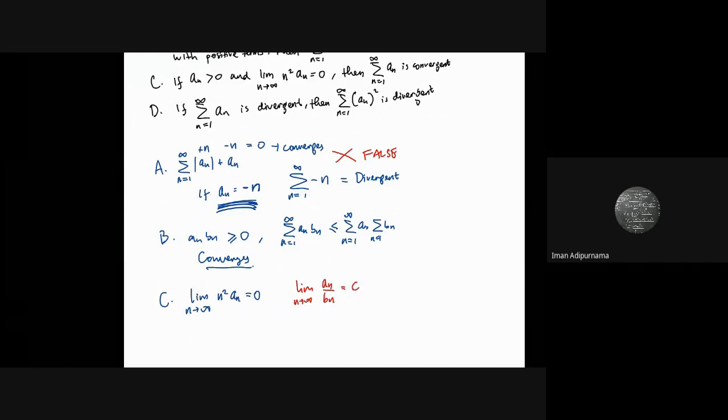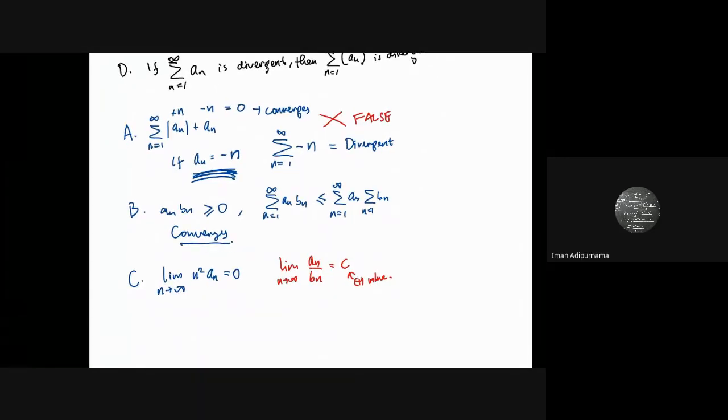So if this is the limit comparison test, then if bn is convergent, then it's also convergent. If this is divergent, this is also divergent.